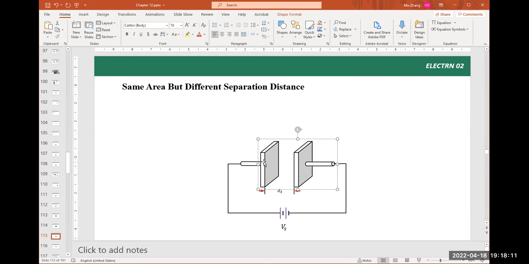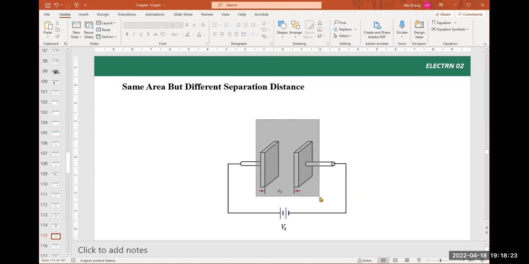So now we can predict, based on this analysis, that the capacitance, which means the measure of the ability of the capacitor, is inversely proportional to distance. The bigger the distance, the smaller the capacitance.